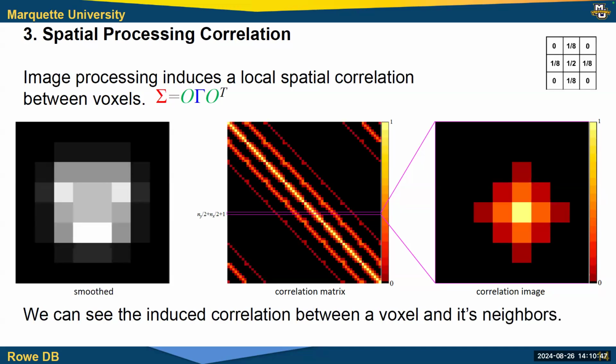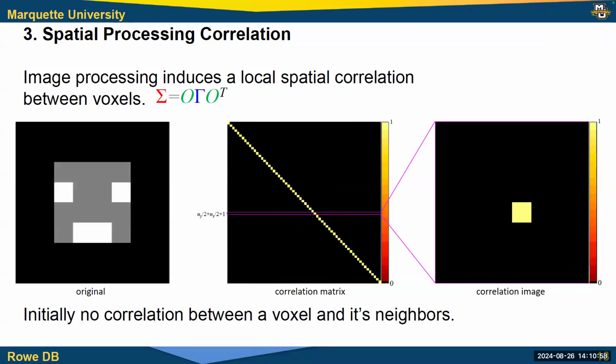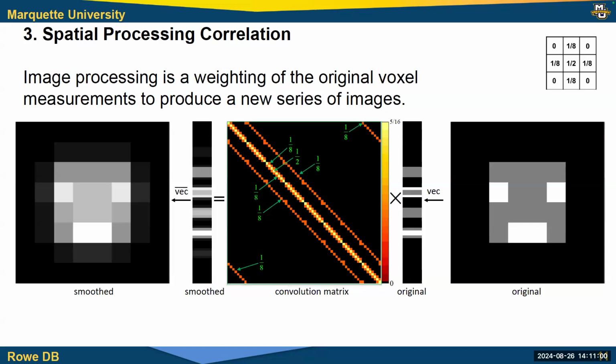But if I do that smoothing, this is what happens, and this is the generated correlation matrix from multiplying, here on slide 14, this convolution matrix here on slide 11 by its transpose and turning it into a correlation matrix.